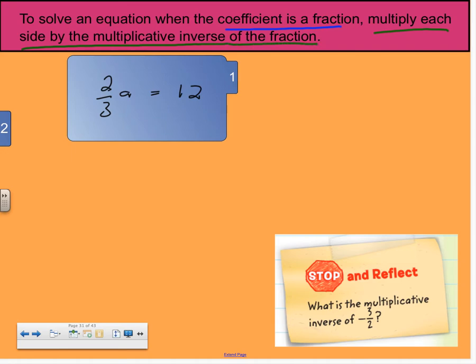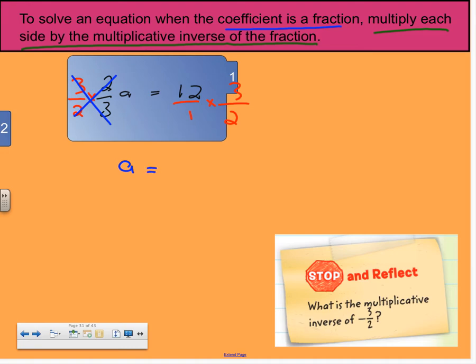So, if I look at this fraction, the multiplicative inverse is 3 over 2. So I'm going to multiply both sides by 3 over 2. And if it helps, you can turn that into 12 over 1. Now I know that these cancel out and create 1, which just leaves me with A.